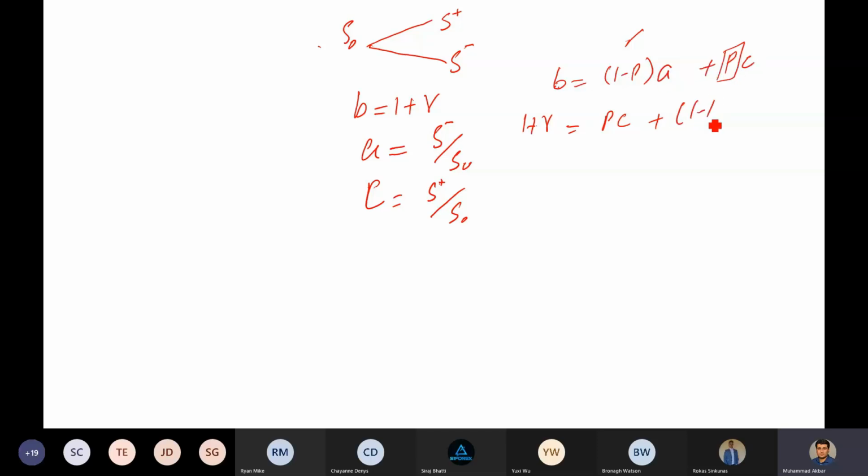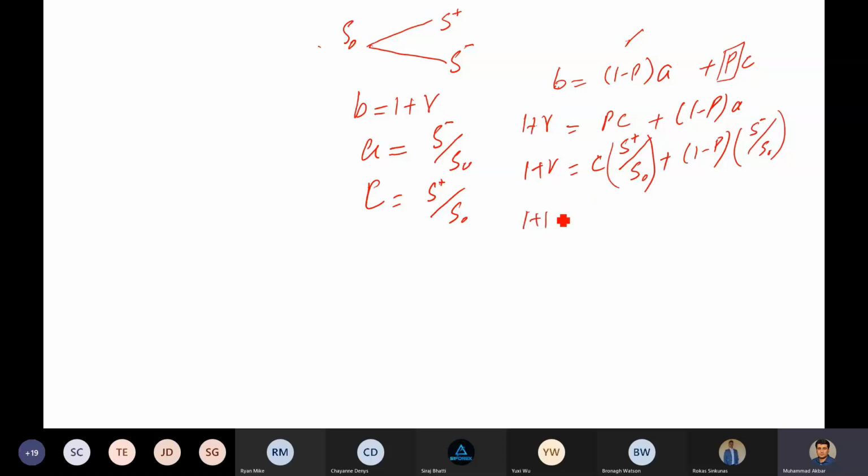So we can write this as (1 - P) and A. So 1 plus R is equal to, we know that C is equal to what? S plus, if the stock price goes up, divided by S naught, plus (1 - P) into (S naught minus S minus) divided by S naught. So now we have this.